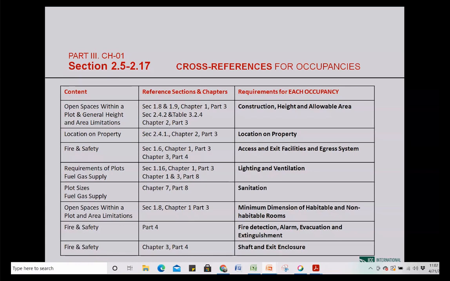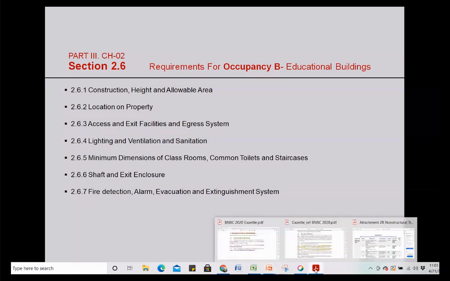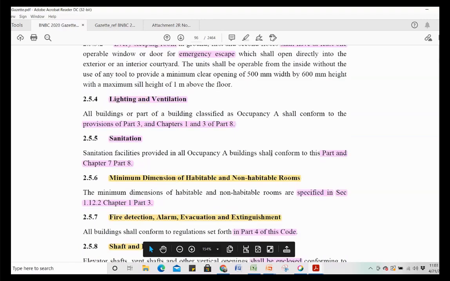So I think we can go back to occupancy B. Occupancy B, as usual, deals with these 7 subsections, which are quite common. We are already familiar with these titles of the subsections. So let us go back to occupancy B and see what is there.